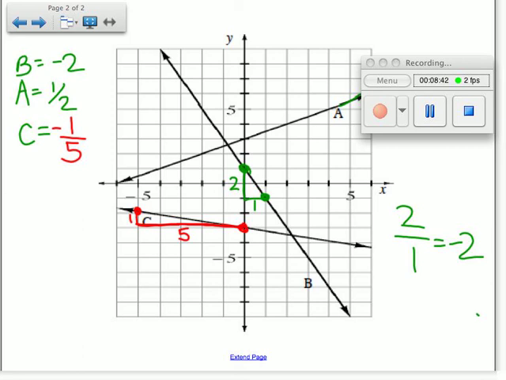So it looks like B has the steepest slope because it is a whole number and it is above 1. And it looks like C is the least steep line because it is the smallest fraction. And we only have one positive sloping line, and that is line A. You are going to work with slope a little bit more today. Go ahead and grab your resource page and get working.